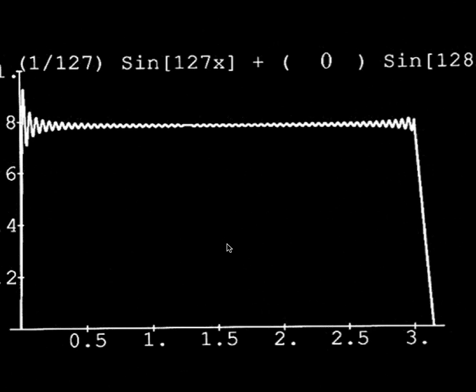It turns out that for the square wave that we're talking about, a beaker of water, what would come out would be sine x plus 1/3 sine 3x plus 1/5 sine 5x plus 1/7 sine 7x out infinitely far. That would be the Fourier's theorem.